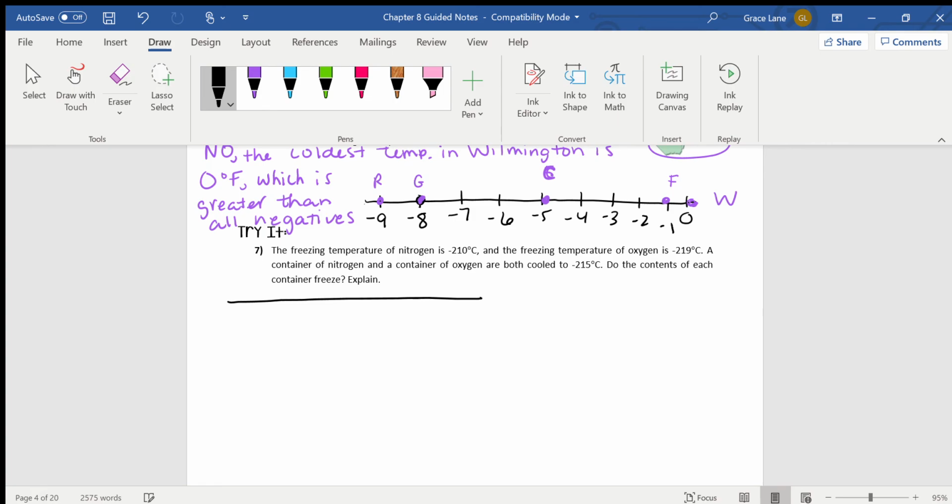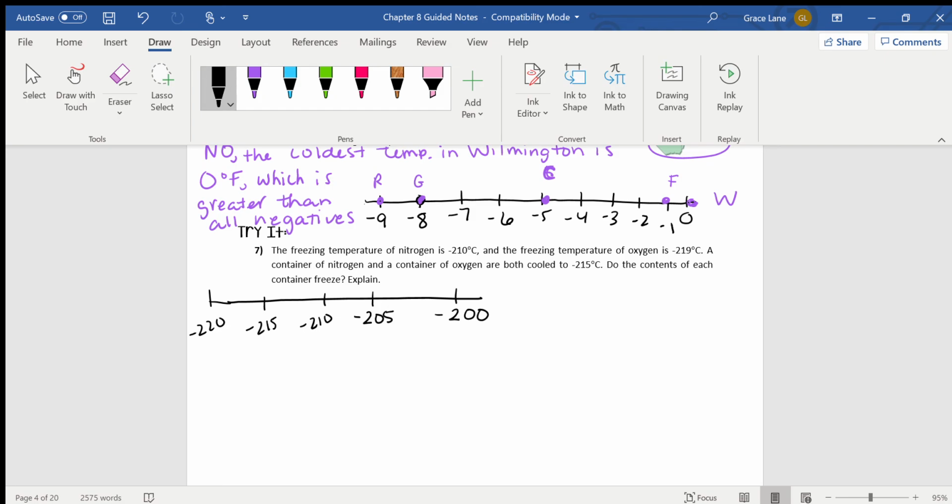Maybe you count by 5s, and start at -200, -205, I'm going to run out of room, -210, -215, -220.